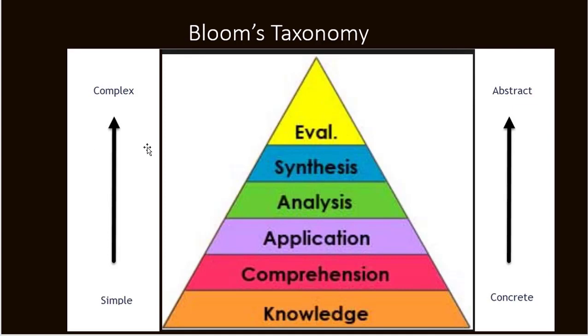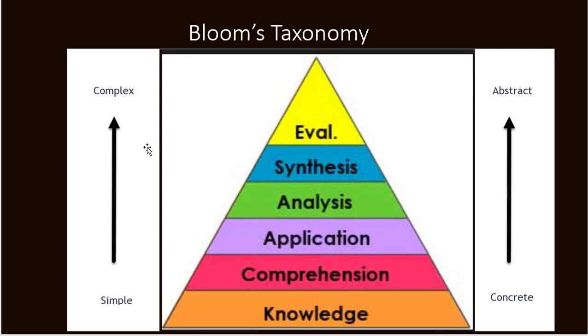And Bloom's taxonomy is this pyramid-looking model that starts at the lowest, or the simplest level, the knowledge, and goes all the way to evaluation. So the knowledge level is more concrete evidence of showing. For example, we'll show the verbs list, define. As we move up, we get into more complex and abstract.